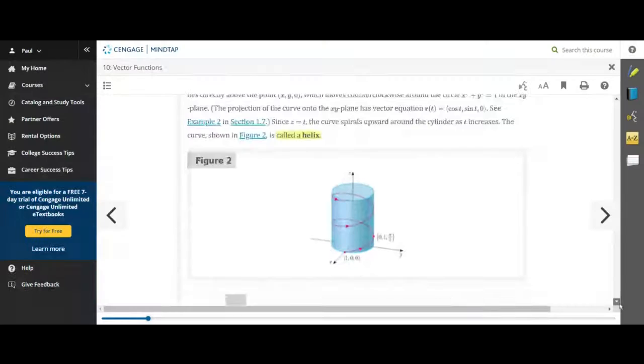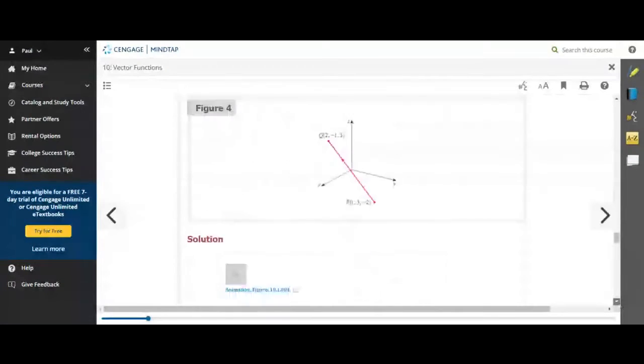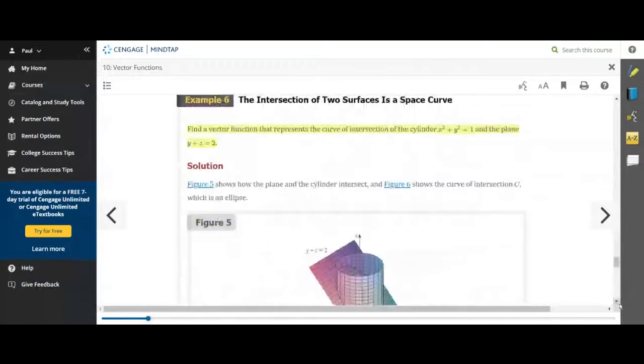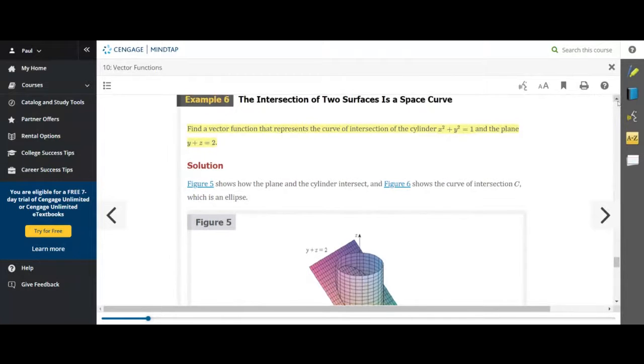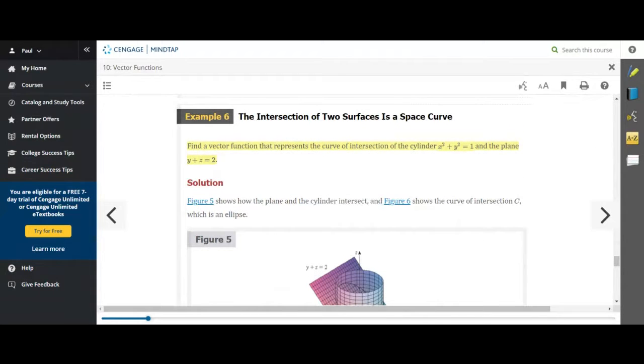Another thing that I want to mention in the ebook here is lots of cool stuff. Example 6.